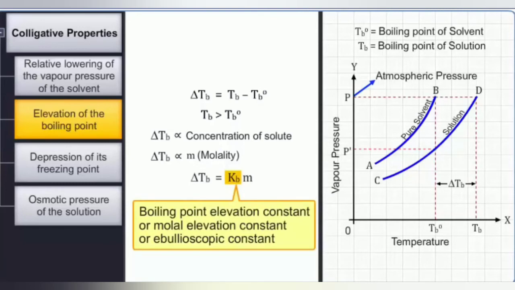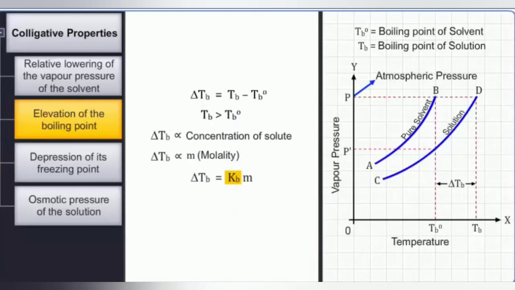Molal elevation constant is defined as the elevation in the boiling point when 1 mole of the solute is dissolved in 1 kilogram of a solvent. Thus, the unit for molal elevation constant is Kelvin kilogram per mole.